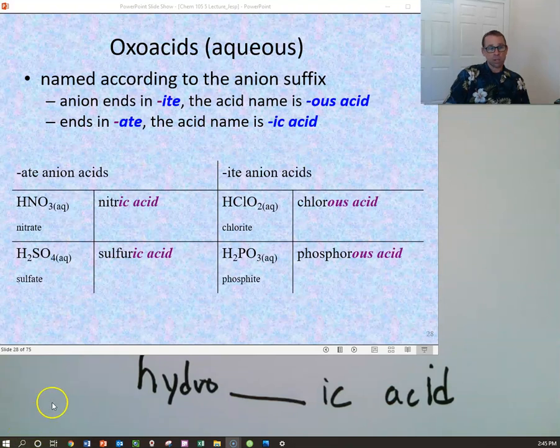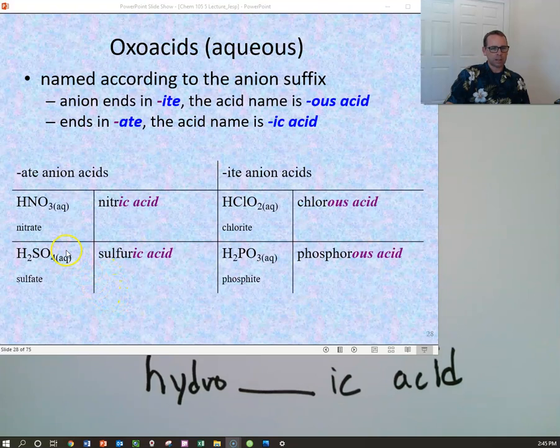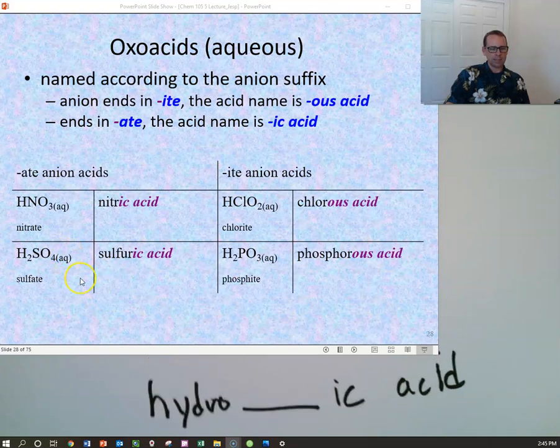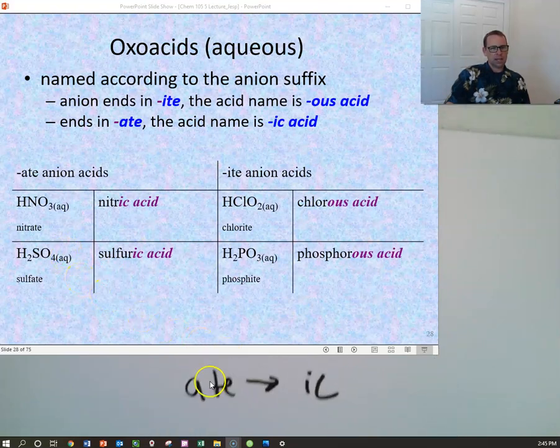All right. So if we have a polyatomic ion in an acid that ends in ate, that ate goes to ic, and we call it whatever the name of the polyatomic ion is, ic acid.